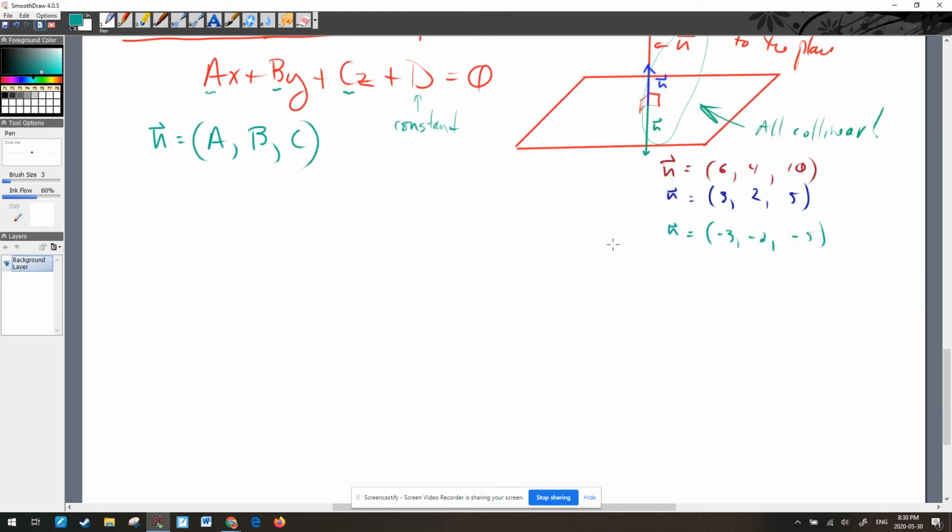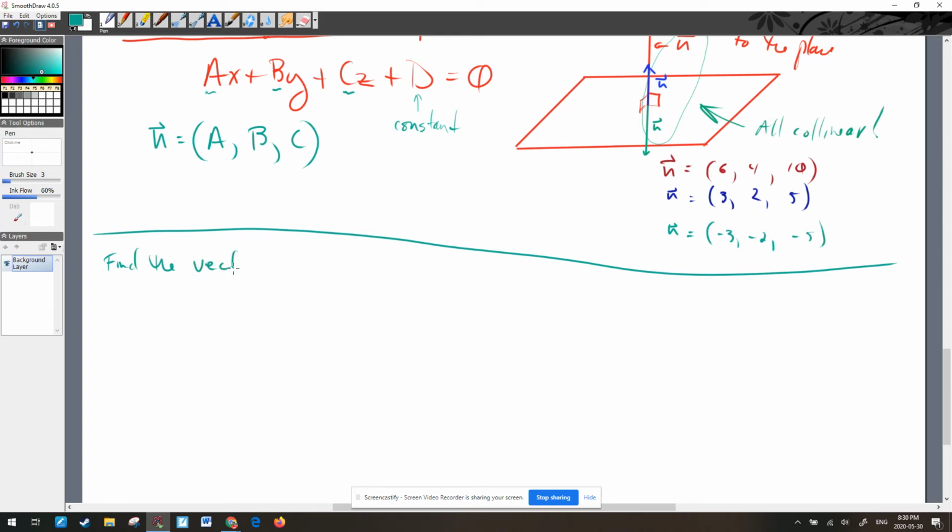So let's look at an example. Find, let's do all of them: vector, parametric, and Cartesian. I'm going to run out of space on this page, but we'll stop and make another one.